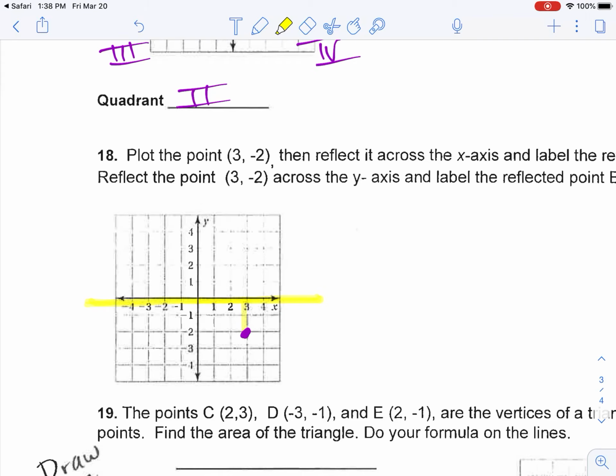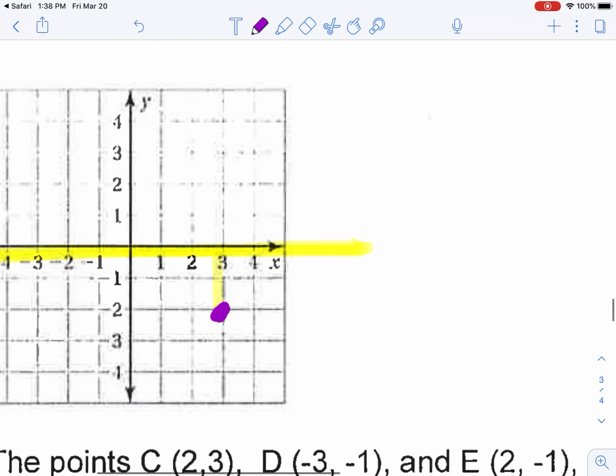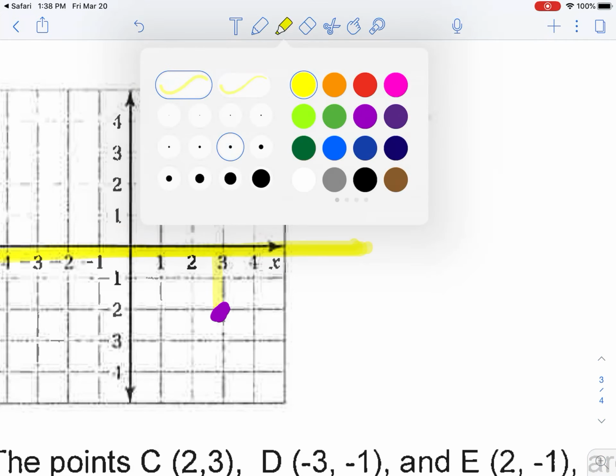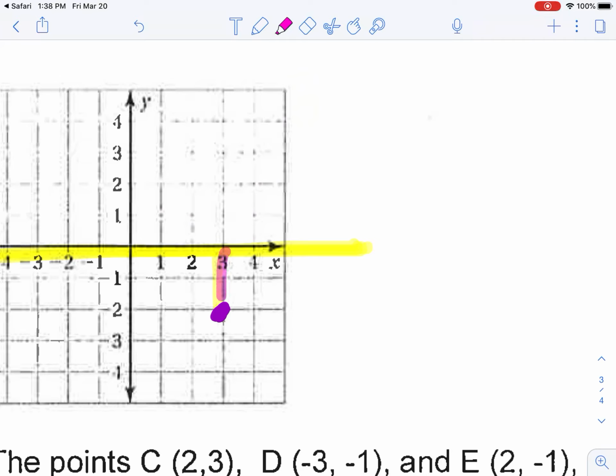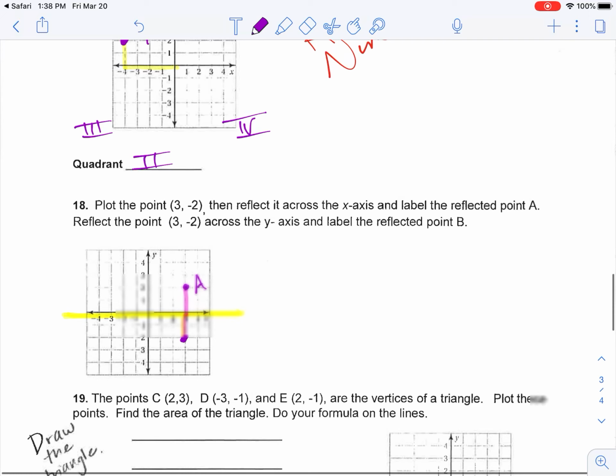If this point is 2 units below the x-axis, we want to go 2 units above the x-axis and label it A. So that would be positive 3, positive 2. That's a reflection over the x-axis. Now I'm going to erase my highlights.